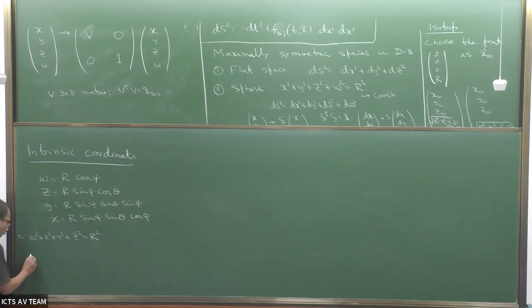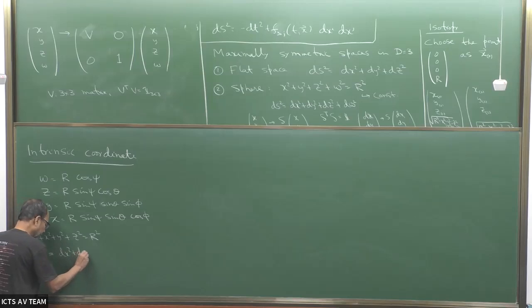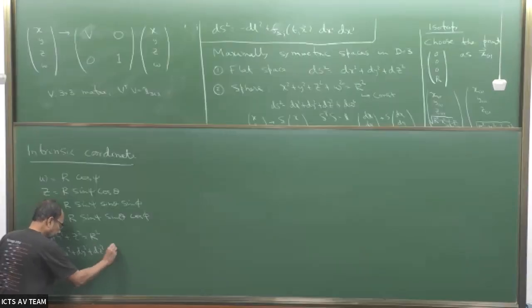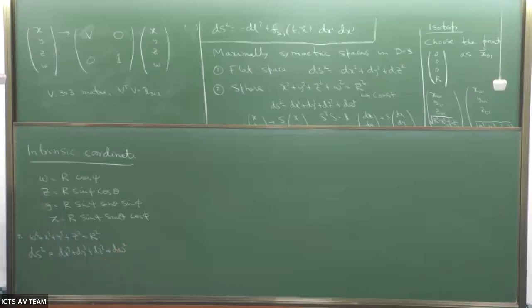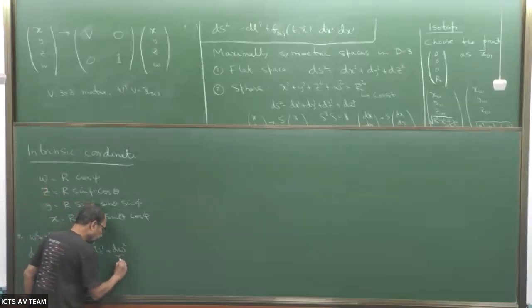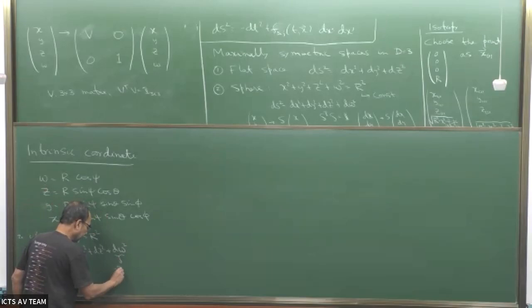So what is not obvious, but you have to do this calculation, is that you cannot simply calculate dx squared plus dy squared plus dz squared plus dw squared. R is constant, so dw, for example, is minus r sin psi cos d psi.